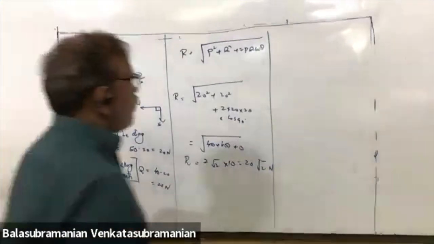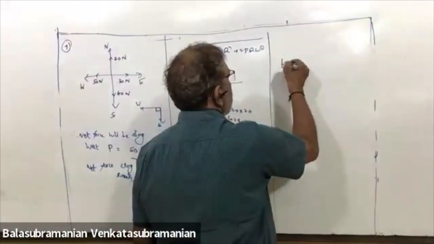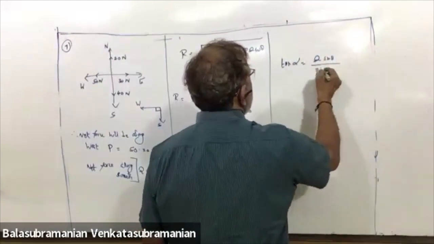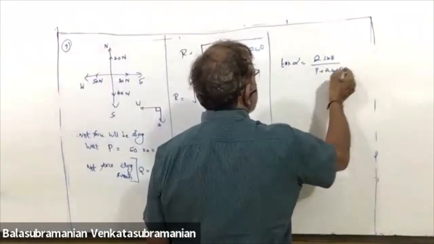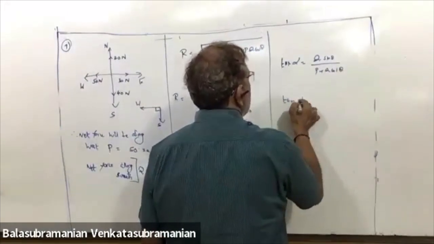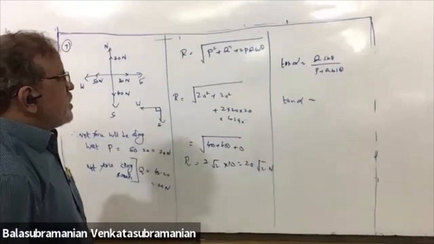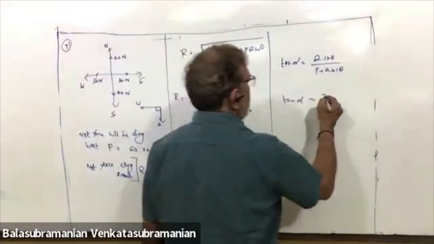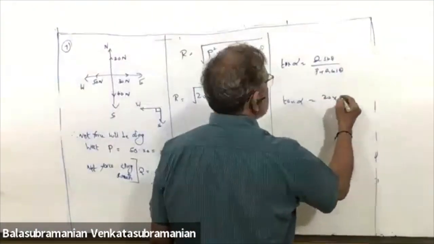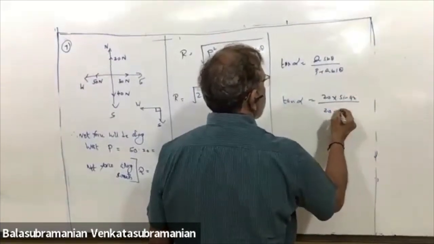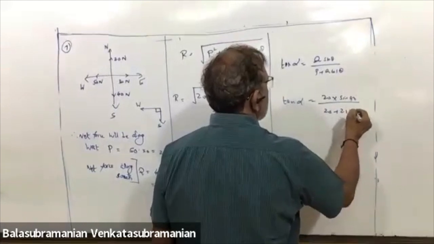Next, tan alpha is equal to Q sin theta by P plus Q cos theta. What is the value, ma'am? Q sin theta, 20 into sin 90, divided by 20 plus 20 cos 90.